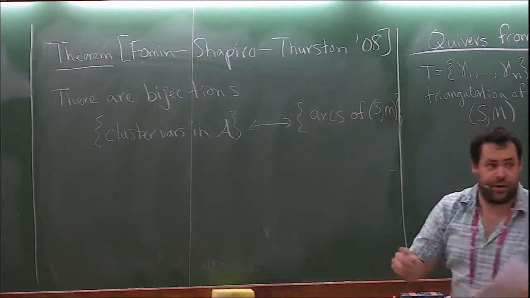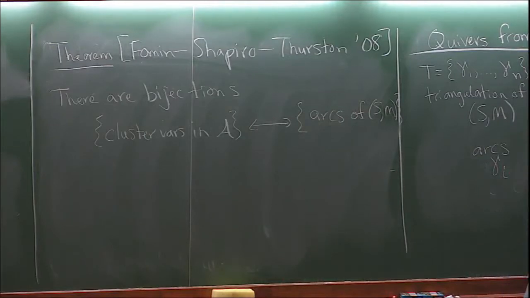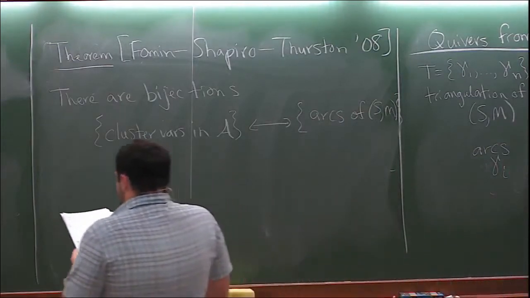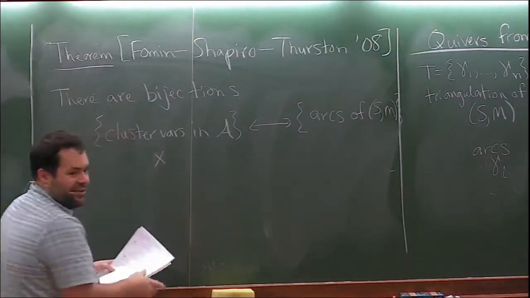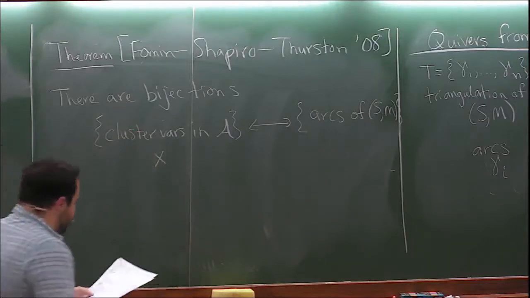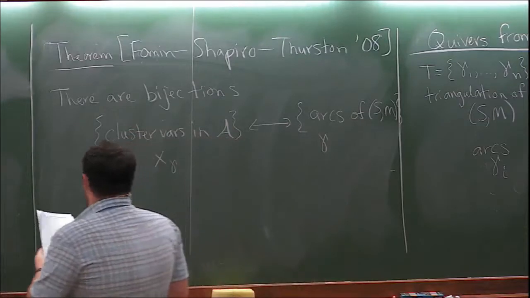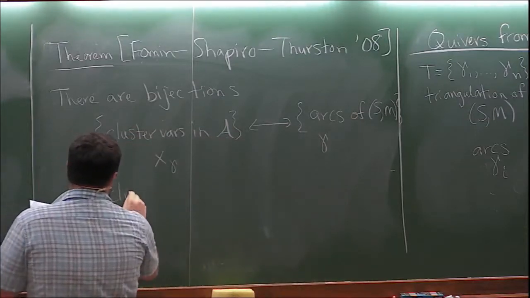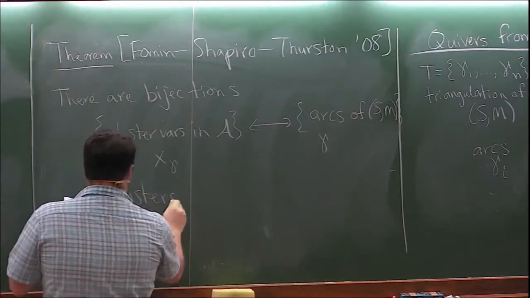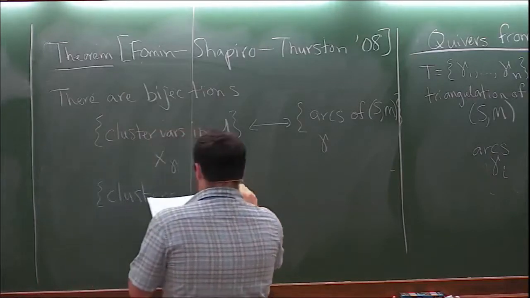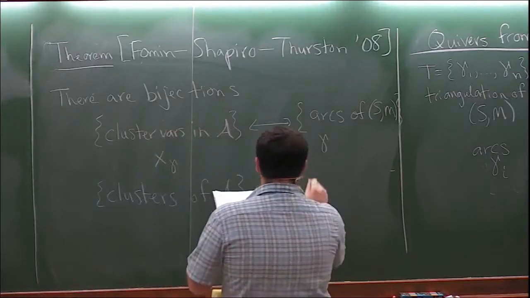So these are the arcs occurring in any triangulation. I'll just finish the sentence: x gamma, gamma. And the clusters are in bijection with triangulations.